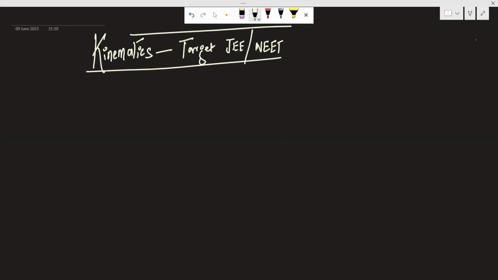So first we have to remember the concept of motion and rest, which we have already discussed in the theory class.